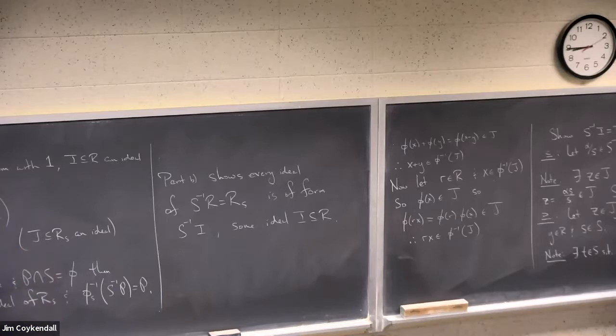Part B says that your original J is of this form. So any ideal J that you find in the localization is S inverse I for some I in R. So there's a correspondence going on here.